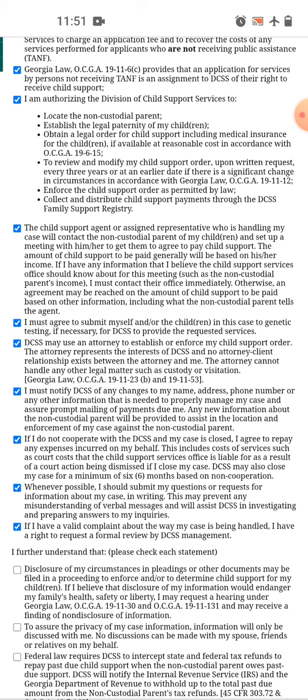Unless you agree. If you don't agree, then you should not be giving any information. You should put it in writing and make it clear that you do not consent. You do not agree to any type of child support, any type of services, or the use of your name, your social security, not your name, the social security number of the all caps name, which is the business entity that they're using to conduct business.